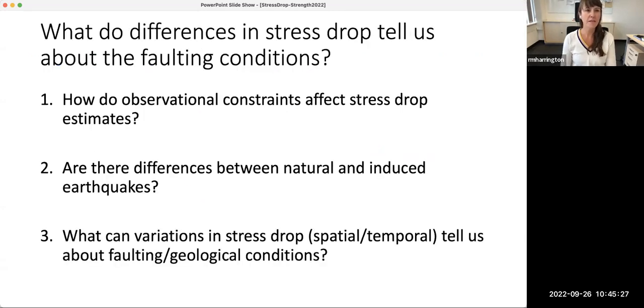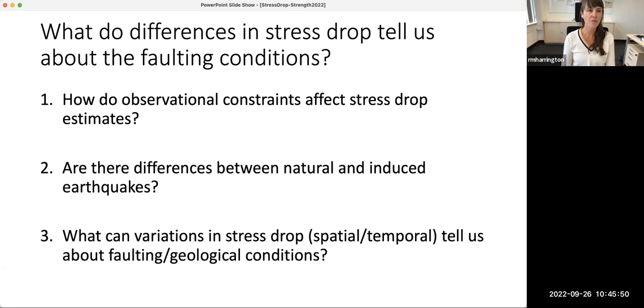So the work that I'm going to show you today is addressing 3 main questions, centered around the theme of trying to understand what differences in stress drop, in spite of all of that scatter, might still be able to tell us about the faulting conditions.